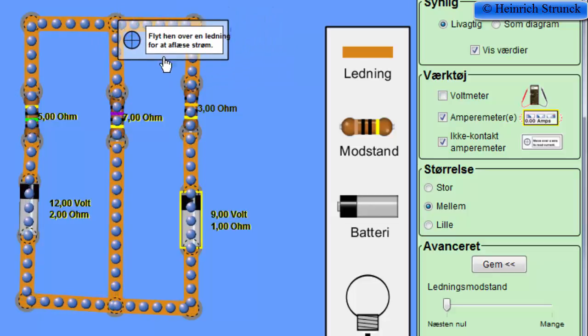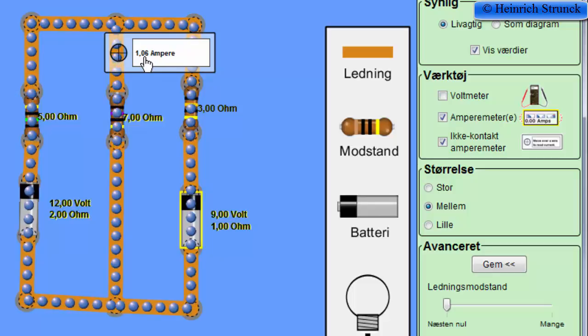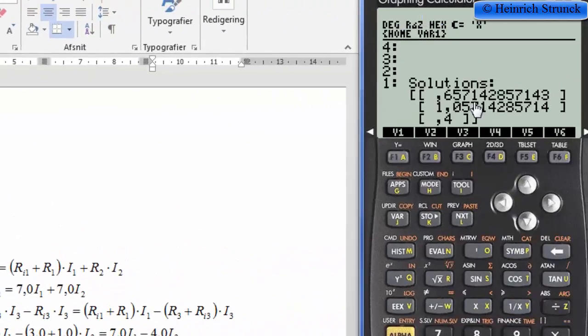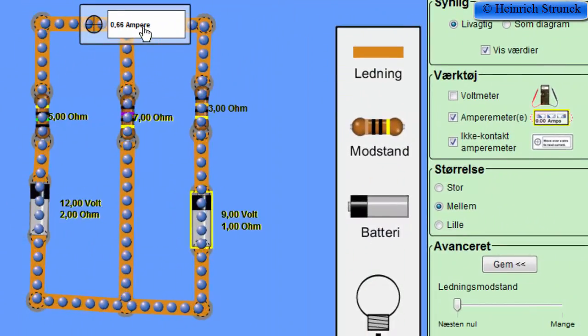Current I2, the meter said 1.06 amp. Calculator said 1.0. Yeah, it is 6 if we make it to 3 significant numbers. And up here, current number 1 is 0.66 amp. Yes, correct.